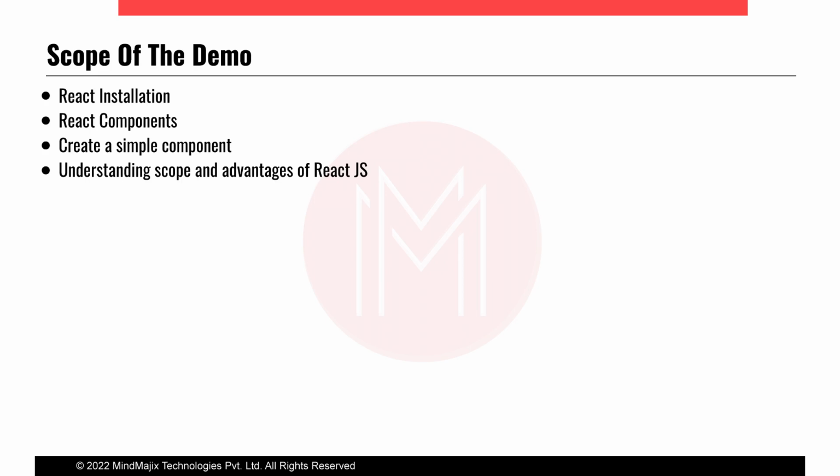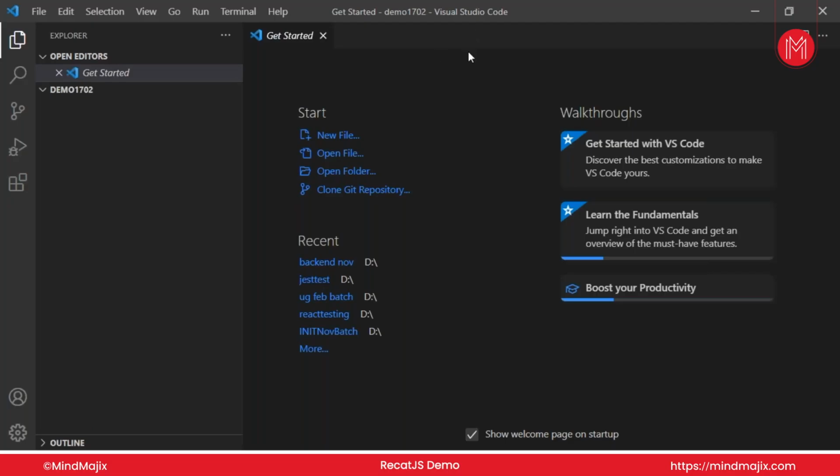So let's get started. As you can see, I'm going to use Visual Studio Code for creating the React application. There are a few dependencies for installing your React app. React app is basically going to run on your Node runtime. So before installing React, make sure you install Node.js.